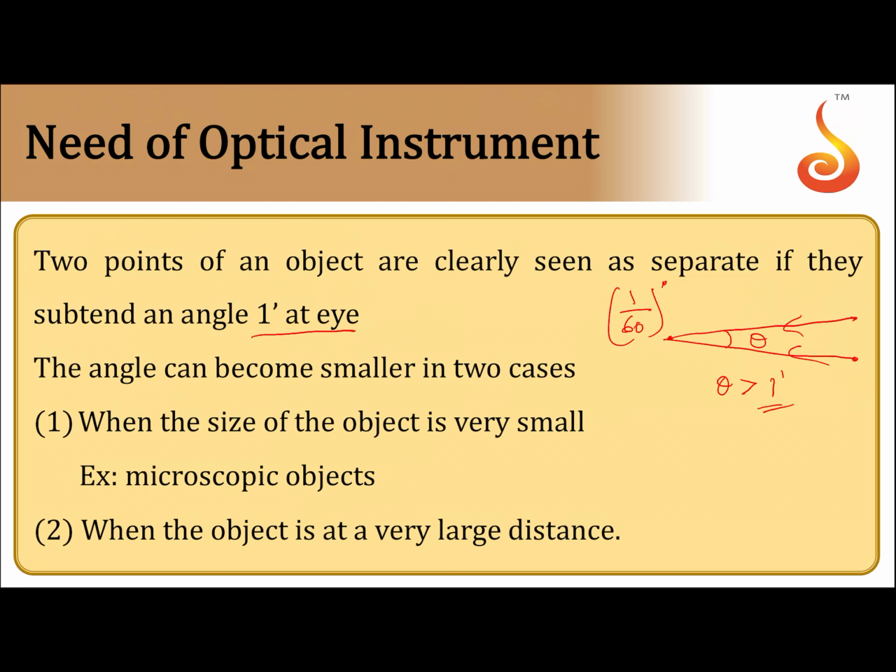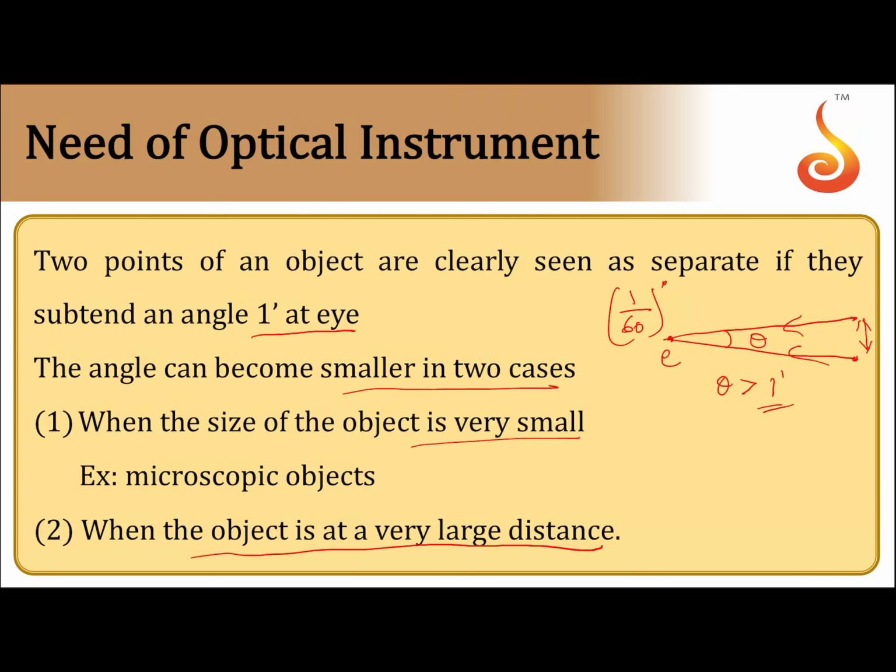The angle can become smaller in two cases. One is when the size of the object is very small. This happens in the case of microorganisms or microscopic objects. This gives rise to the need for a microscope. The other case is when the object is at a very large distance. Theta can become smaller if the two objects lie closer, or if the eye is at a far off distance.